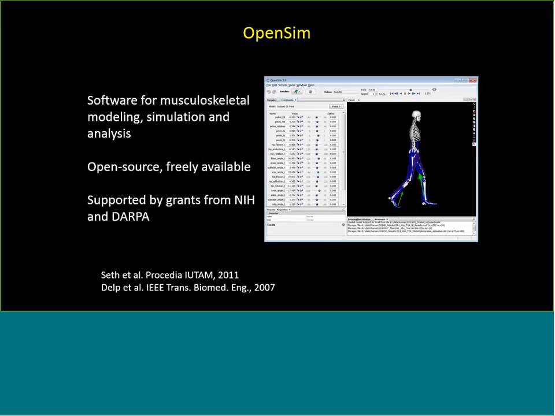It has the advantages of being open source and freely available to anyone who wants to use it, and now has a fairly long track record of having robust support from the federal government in the form of grants from NIH and DARPA. The papers cited down here are ones that specifically describe OpenSim and are not just a specific application that used it, but actually provide information about the OpenSim software, as well as all the information you can get on the OpenSim website.